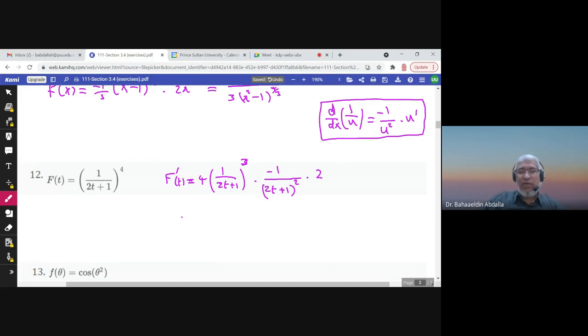So you can write the final answer as negative 2 times 4, negative 8, over 2t plus 1 to the power 2 times 1 over 2t plus 1 to the power 3. That would be the final answer.